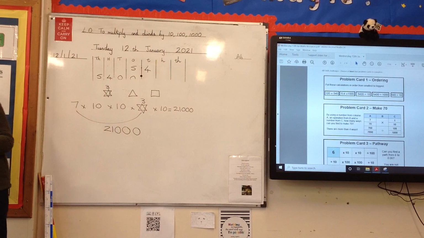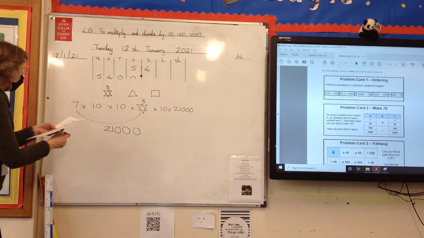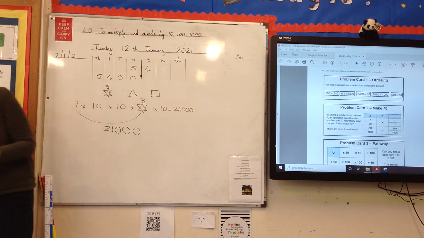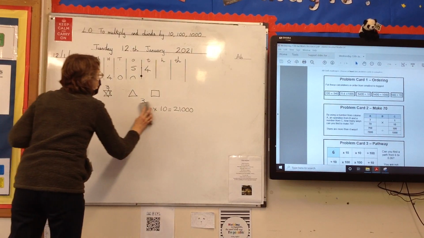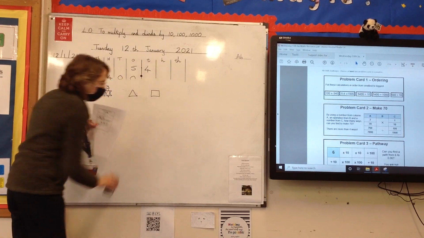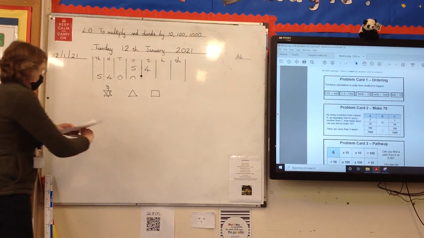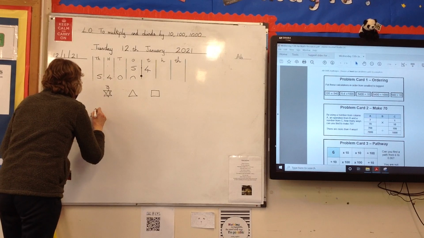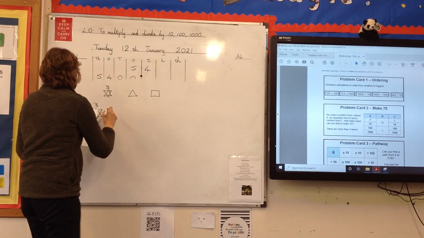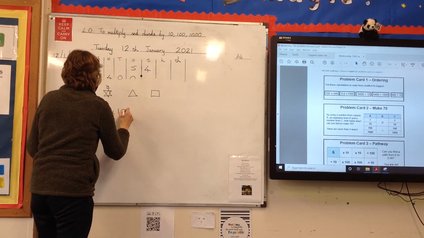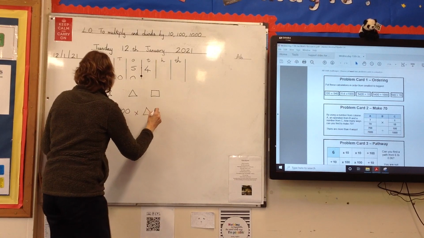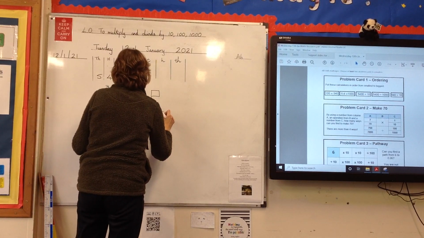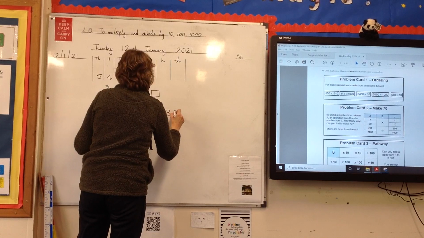Okay? So, the next one, we've got a star. I'll get rid of that now, so we know that we've done that one. We've got a star, which is 3, multiplied by 100, multiplied by a mystery number, which is a triangle, equals 30,000.